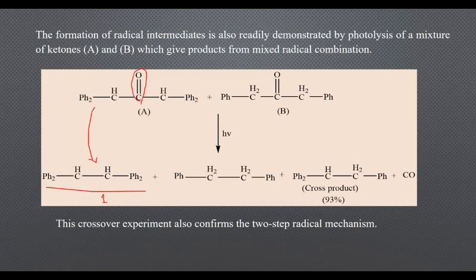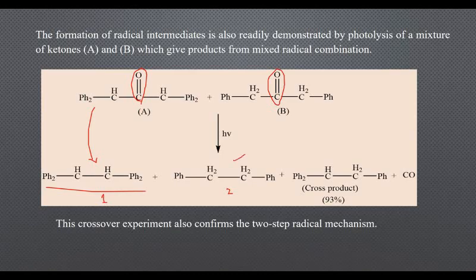After the primary process, decarbonylation takes place and alkyl radicals are recombined to give this alkane. And we see that this is the second one. After decarbonylation of B, the alkyl radicals are recombined to give this alkane.